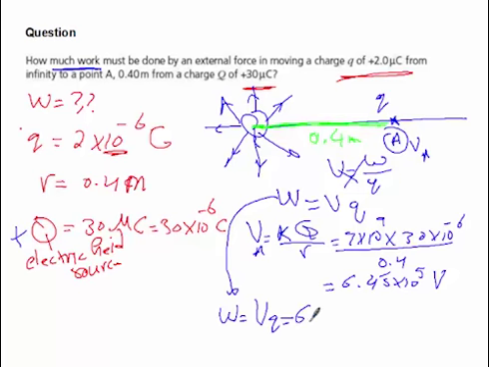So we multiply 6.45 times 10 to the 5 times the value of Q2, which we converted to coulomb, so it's 2 times 10 to the minus 6. 6.45 times 2 is going to give us 1.29 joule.